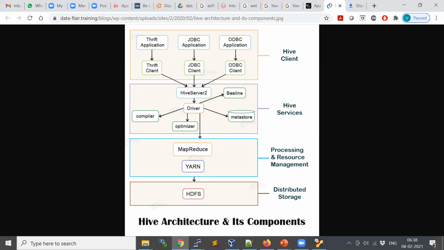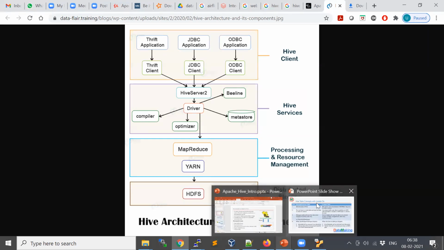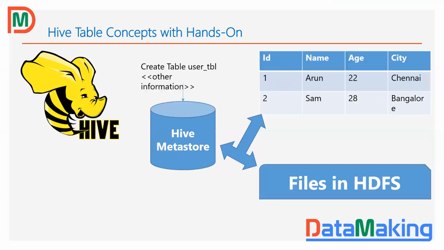Now, coming back to tables, we saw how a table is used in Hive. When you create a table, the table metadata will be stored in the metastore. This metastore is basically another database system.